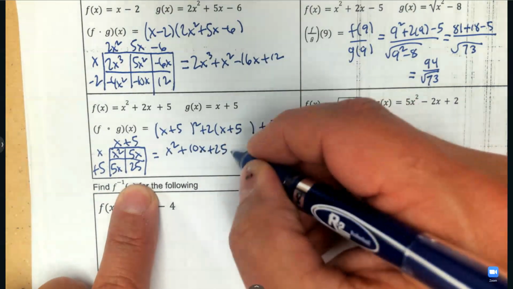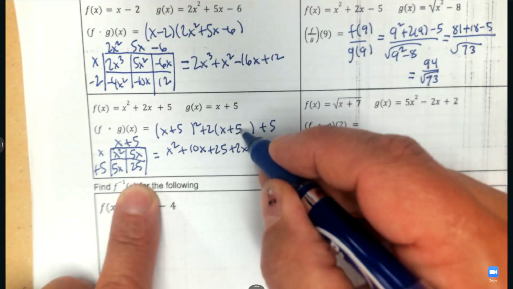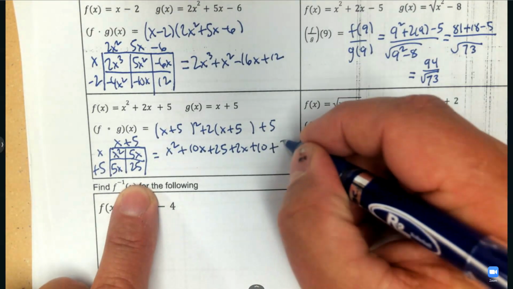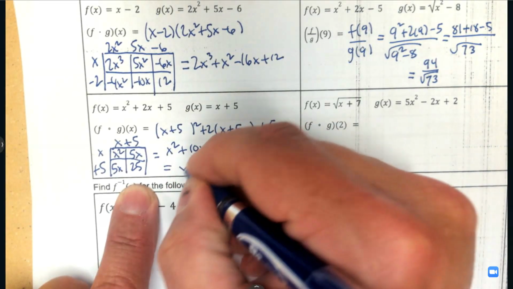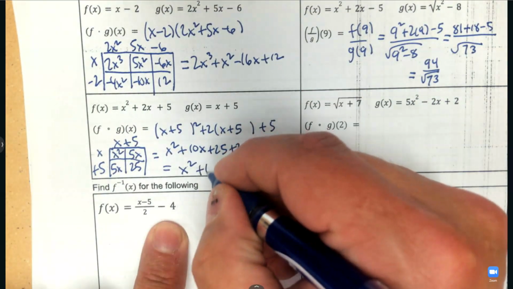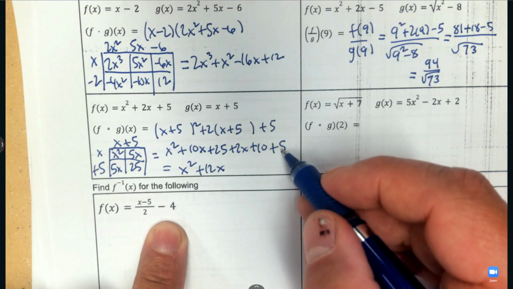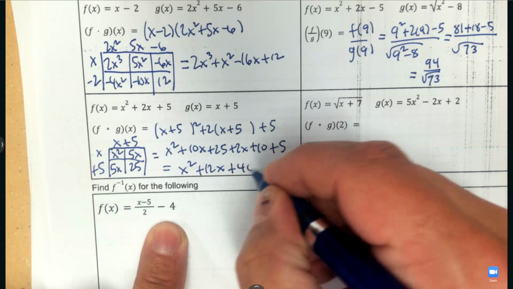I'm going to distribute, so 2 times x and 2 times 5, and then plus 5 at the end. Combine like terms, so we have x squared, 10x and 2x is 12x, 25 and 10 and 5 more, that's 40, and you have your answer.